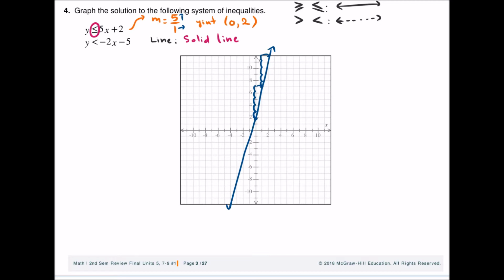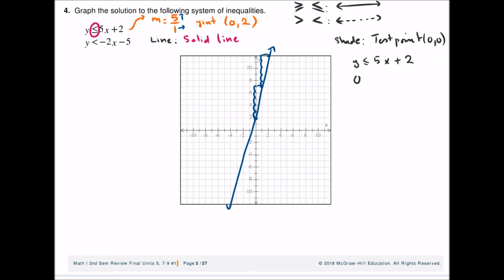Alright, the next part we need is the shaded part. To do the shading, we're going to use a test point. I will test 0, 0. We can pick any point as long as it's not on the graph. The first equation is y less than or equal to 5x plus 2.